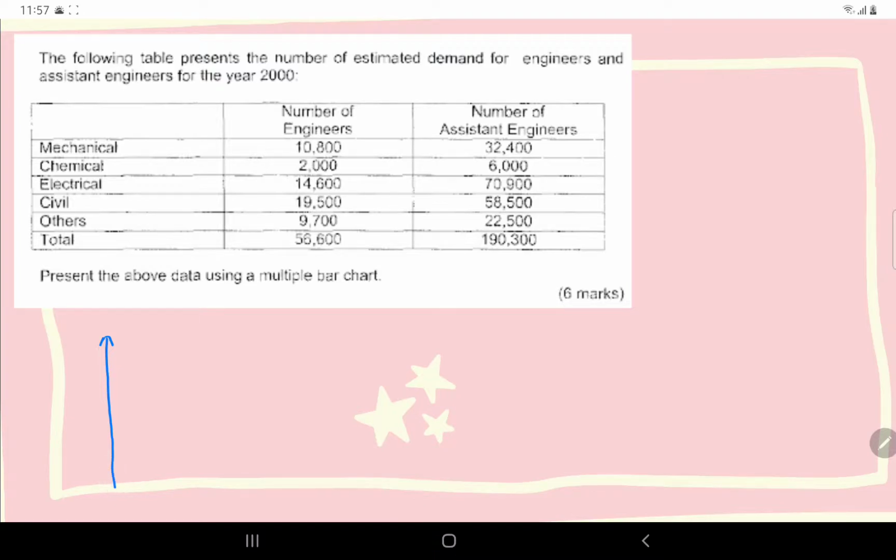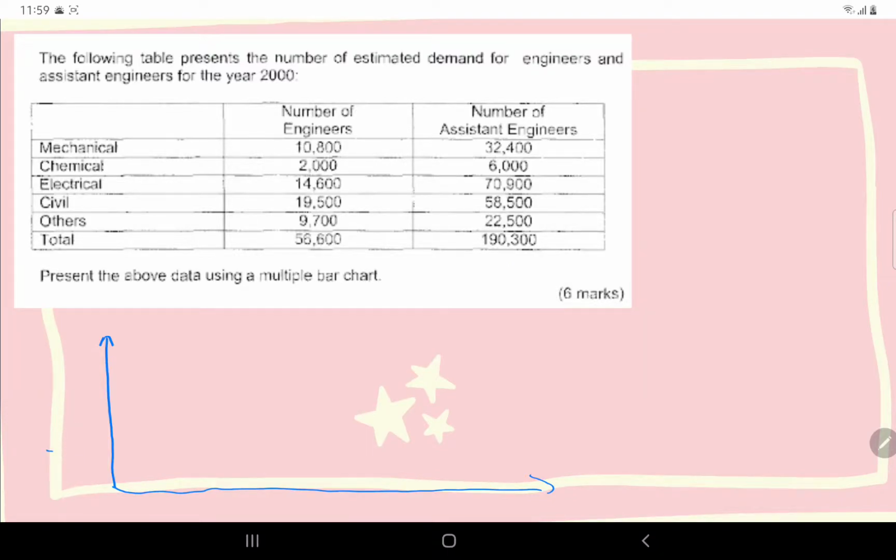Okay, so if we look here, our number of engineers and assistant engineers is in thousands. So maybe our vertical axis can be labeled starting from 0 and then until the most number, which is 190,300. So in our vertical axis, maybe we can construct it like this.